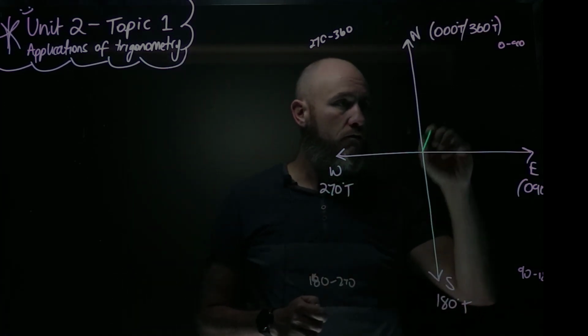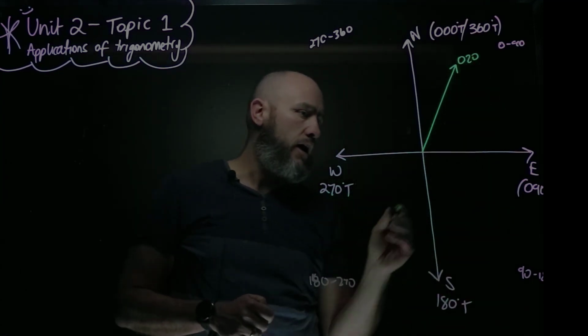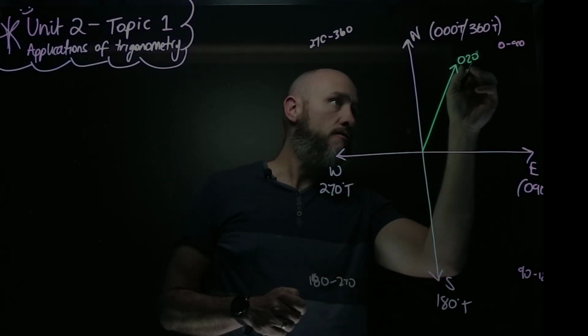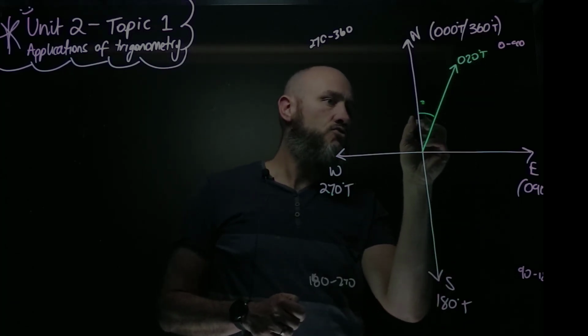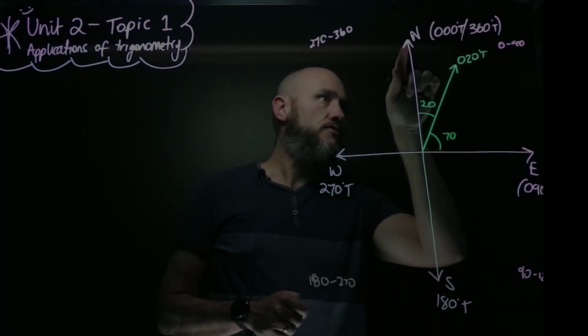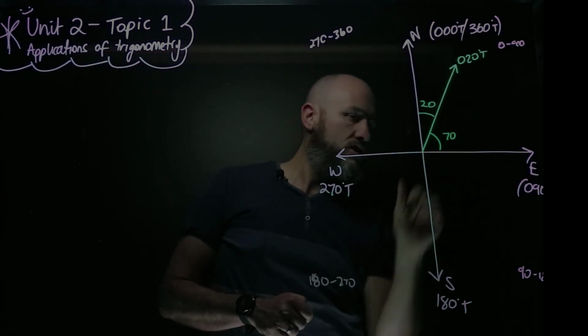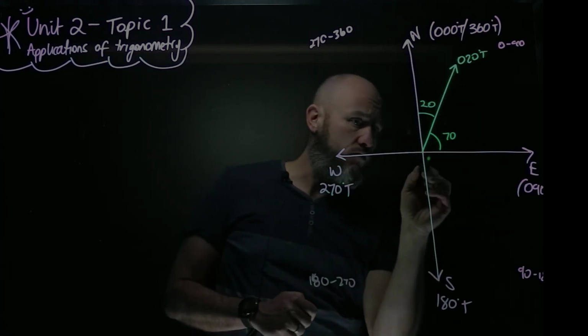Here's my first one. That is the bearing 020. If I have the bearing 020 as a true bearing, that means that this is 20 degrees and this is 70 degrees. It's just the difference between 0 and 20 or 20 and 90. So it's these angles here that are really important, being able to find and use those angles.